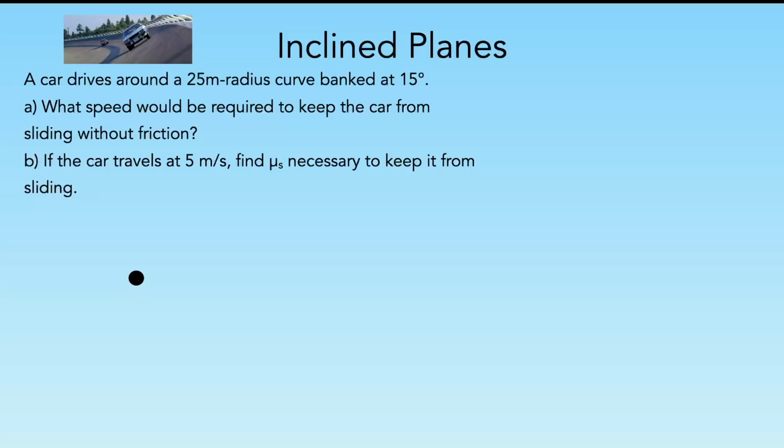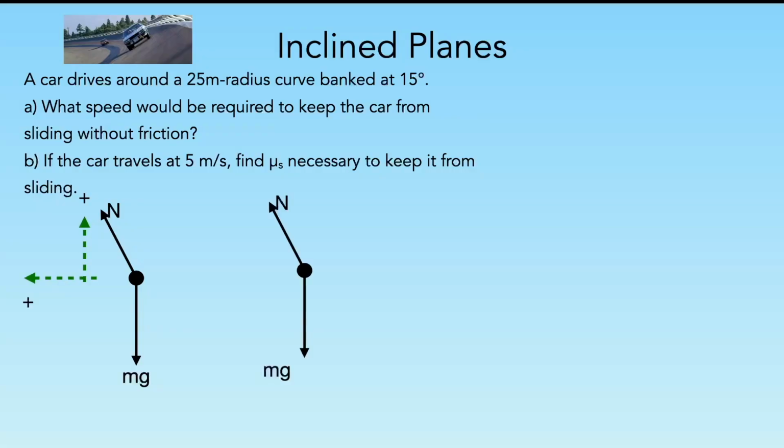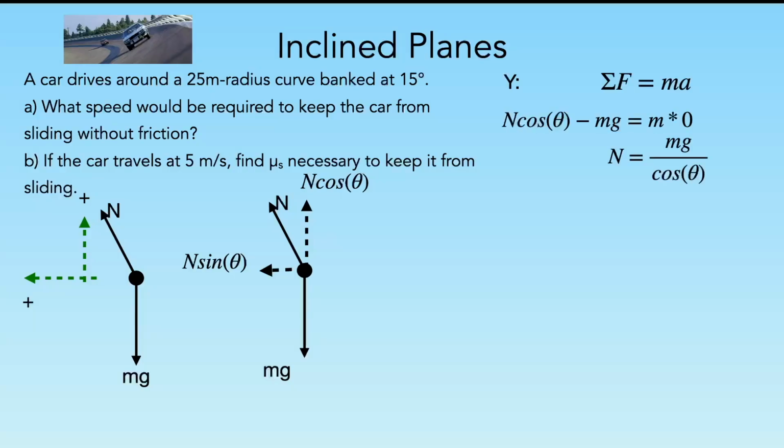So the first thing we're going to do on this slide is really repeat what we just did. There's our free body diagram. We're going to use that same frame of reference. We break it into n cosine theta and n sine theta, and we solve it exactly the same way. Remember this, normal ends up being mg over cosine theta. In the x direction, same thing, except now we're trying to find the velocity instead of theta. Once again, when we substitute n in there, mg over cosine theta times sine theta is mg tangent of theta.